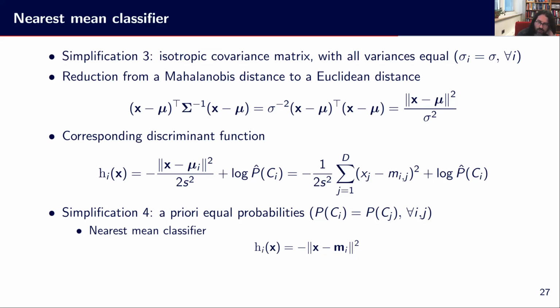And given that we are looking at the highest value for the h, we need to put a minus sign here to select the maximum value, which is in fact the minimum distance. And as such, we are getting here the nearest mean classifier, which is assigning samples to the class for which the mean is the closest to our sample.